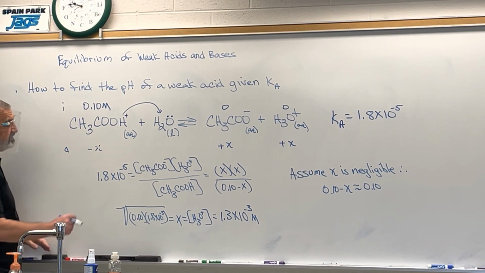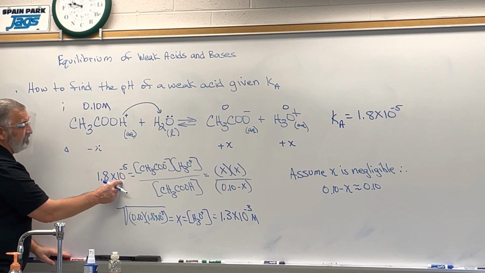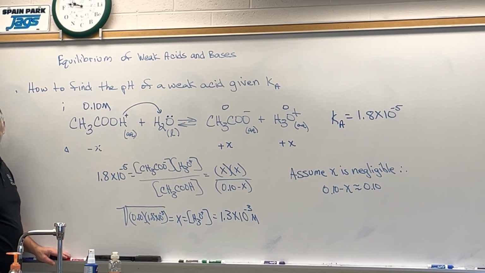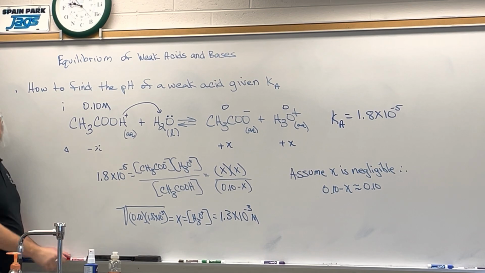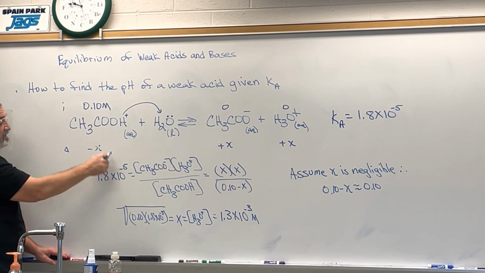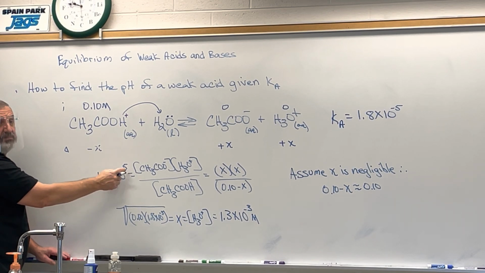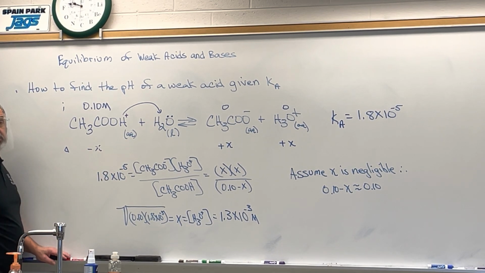The rule is that this number has to be at least 1,000 times smaller than that. As long as there's 10 to the third difference between these two, you can make that assumption. Now, the bigger the difference is, to minus 7, minus 10, minus 12, the better the assumption is, because the x becomes less and less significant.